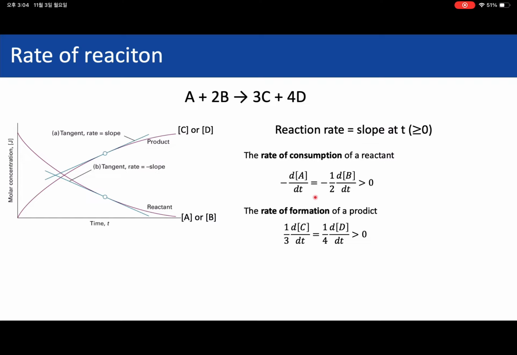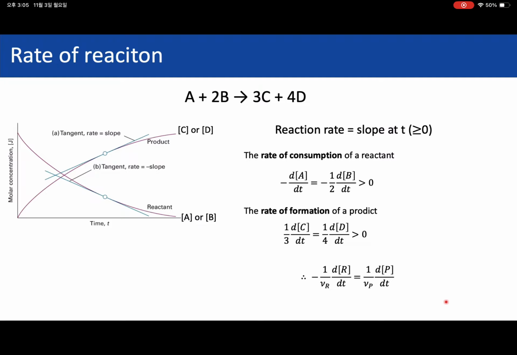Similarly to the rate of consumption, we have the constant factors 1 over 3 and 1 over 4, which are 1 over the stoichiometric coefficient of C and 1 over the stoichiometric coefficient of D. Since the slopes dC over dt and dD over dt are always positive, we also have a positive value for the rate of formation.